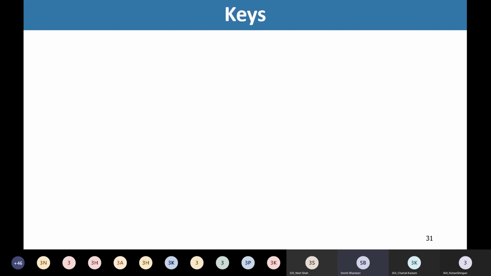Whenever we are describing any relation or any table in the relational model, we are storing many different tuples in the relation. And one tuple describes some related information about one thing or one object or one entity, whatever it may be.